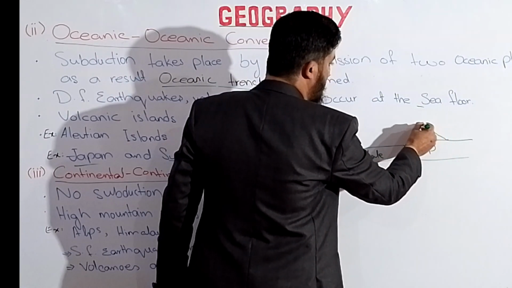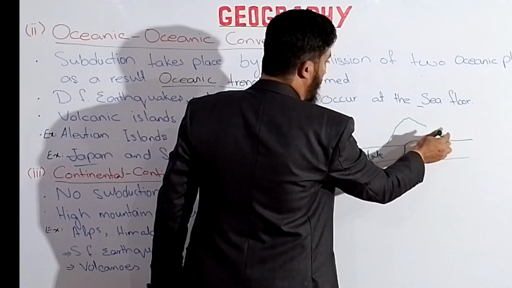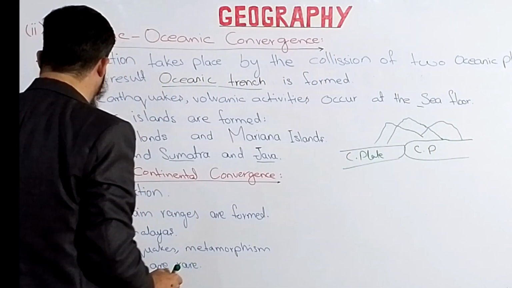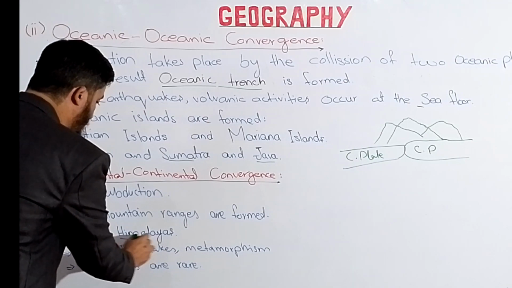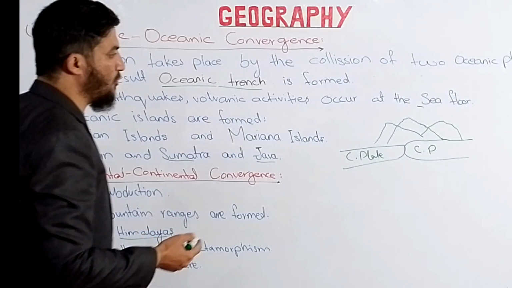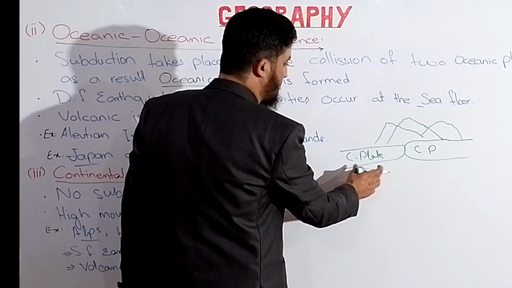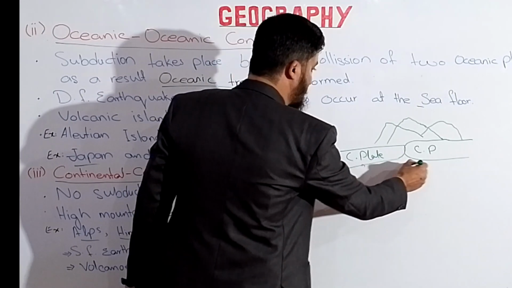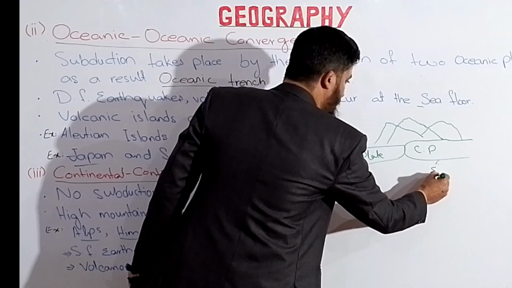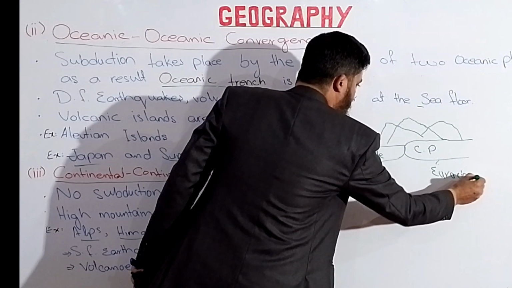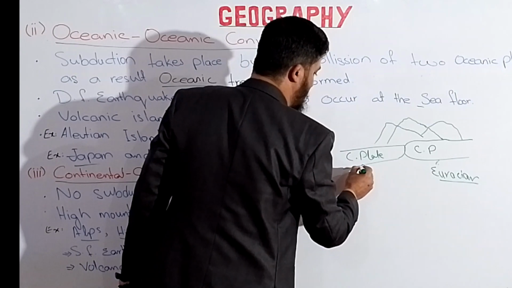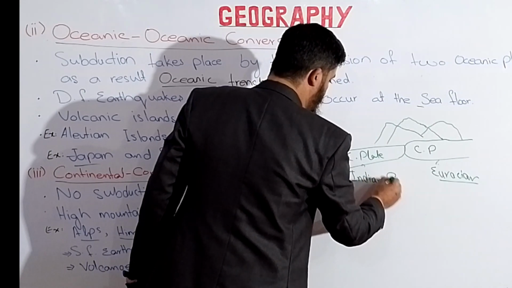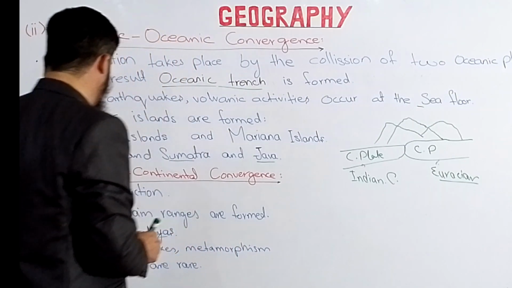As a result, they form mountainous ranges, like the two examples we have over here, the Alps mountains and the Himalayan mountains. The Himalayas are said to be formed by the convergence of the Indian subcontinent and the Eurasian continent. As a result, the Himalayan ranges have formed.